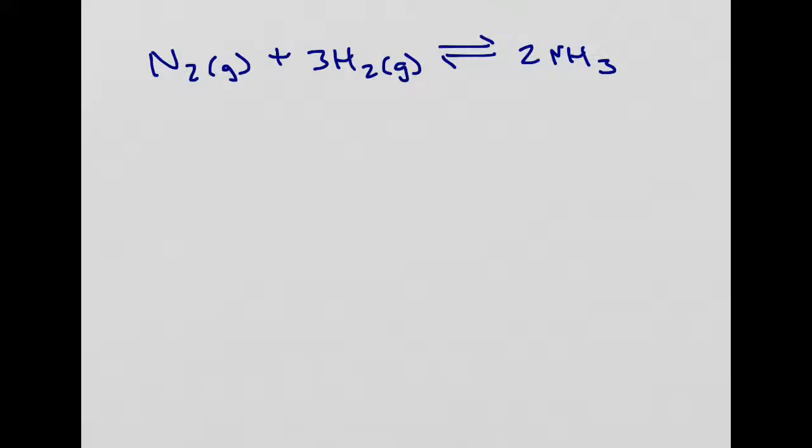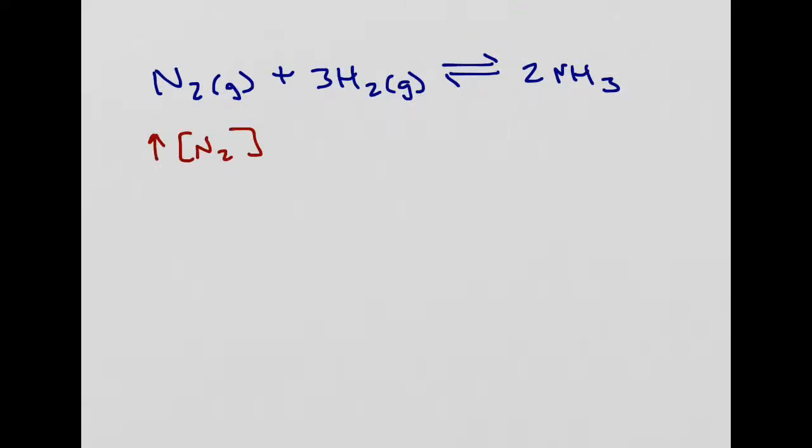So what we're going to be looking at here is a reaction where we take nitrogen gas and hydrogen gas to form ammonia. And it is a reversible reaction. And I want you to imagine I decide to introduce a perturbation, or something disturbing the equilibrium of the system.